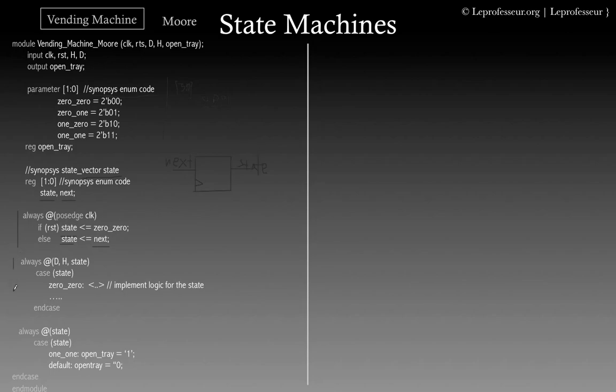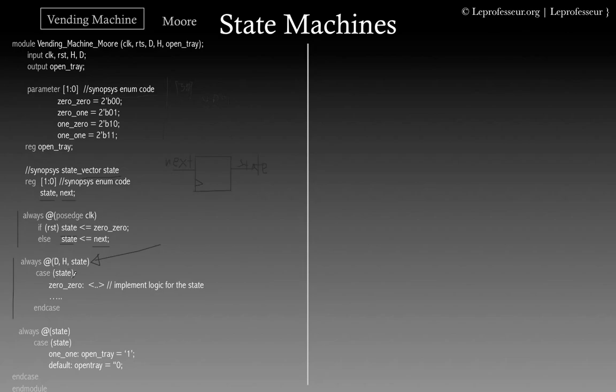Now this is a second always block which will have all the inputs. Okay, this is very important. You should have all the inputs which are participating in state decoding logic, D, H and state, in the second always block.